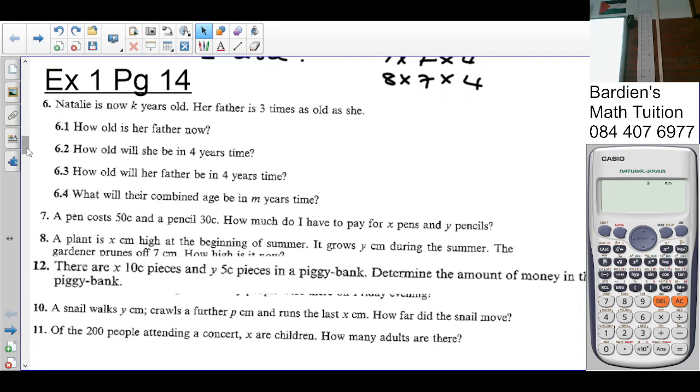It was not going to make sense. I think 12 and 36 makes more sense. So how did we get that? We took Natalie's age and multiplied it by 3. However, Natalie is now K years old. So how old is the father? K times 3, which is 3K.